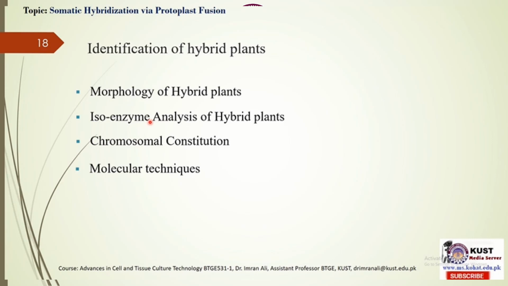simultaneously. There are many enzymes possessing unique isoenzymes that can be used for the identification of somatic hybrids. For example, we have amylase, esterase, etc. If the enzyme is dimeric, a somatic hybrid usually contains an isoenzyme with intermediate mobility properties.